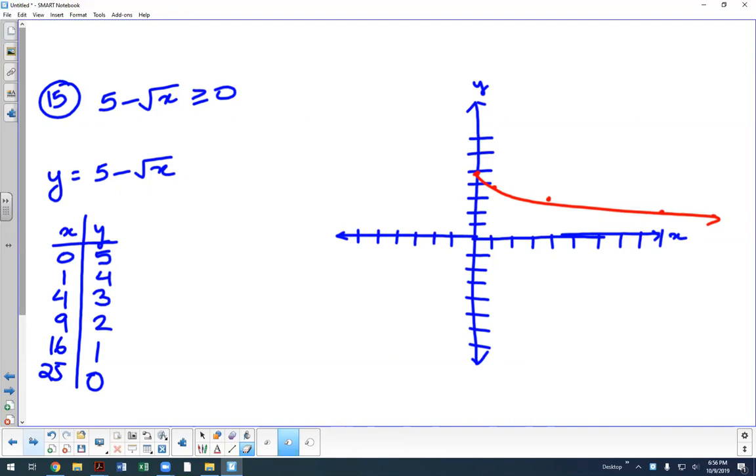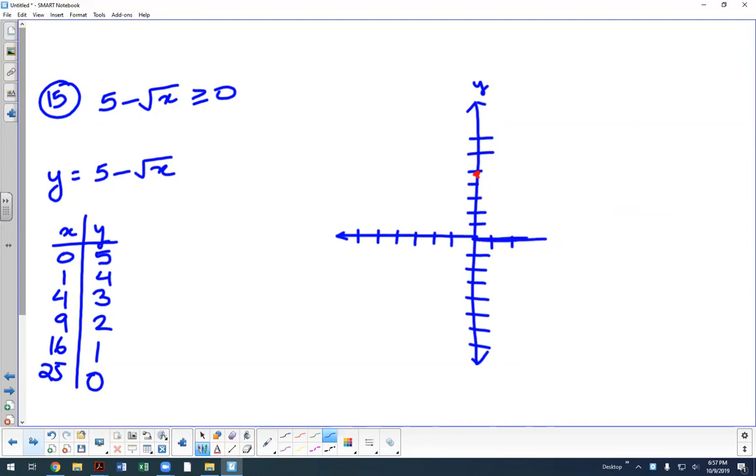So I'm going to try and see if I can modify this one just a little bit. I don't know, this is really not to scale, but just to show you what it should look like.